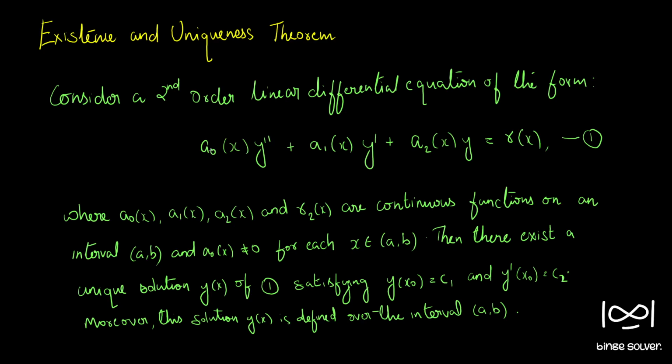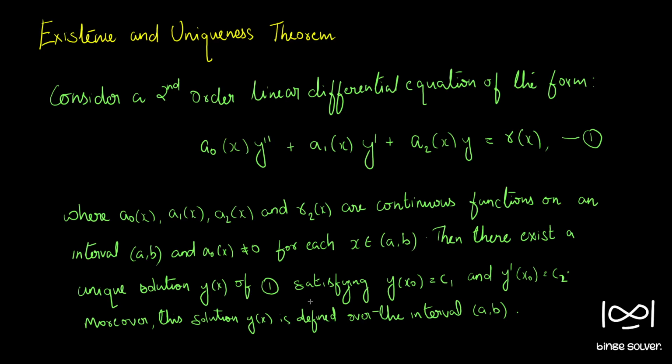What are those conditions? a0x, a1x, a2x and r of x should be continuous in that interval, and a0x should not be 0 for any x in the interval a to b.